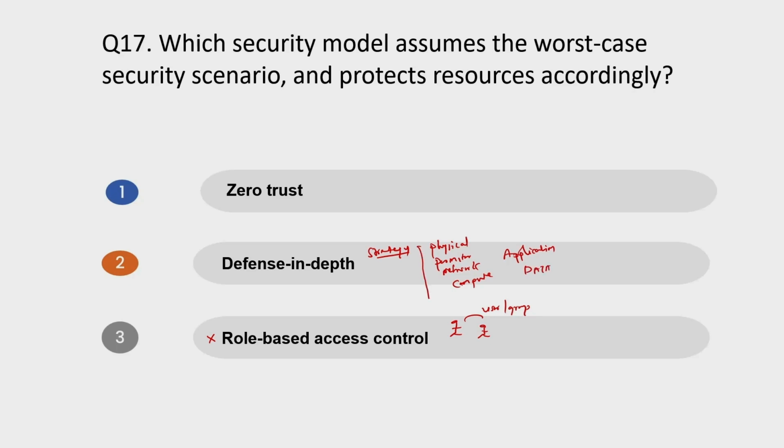So basically these strategies are used to secure your data. So this model, the central focus is to secure your data. So this will be the wrong answer. Right answer is zero trust.